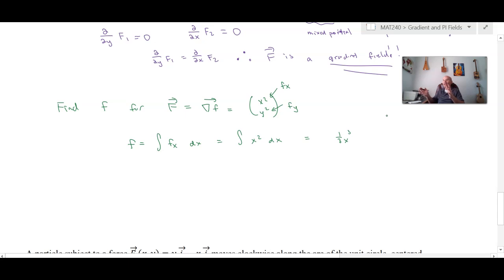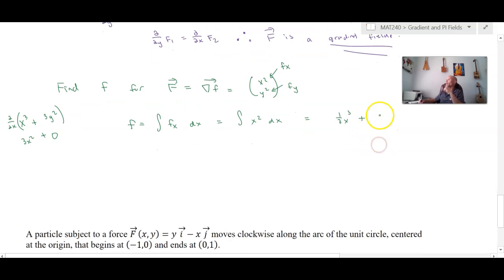But let's think about, in partial derivatives, what kinds of things go away when you take derivatives with respect to x. So if I told you, for example, x cubed plus 3y squared, and I said find the derivative with respect to x of this guy, you know that the derivative of x cubed is 3x squared, the derivative of 3y squared would be 0. So that means whenever you're doing antiderivatives dx, you have to allow for the possibility that there might have been some function of y that got differentiated away, right?